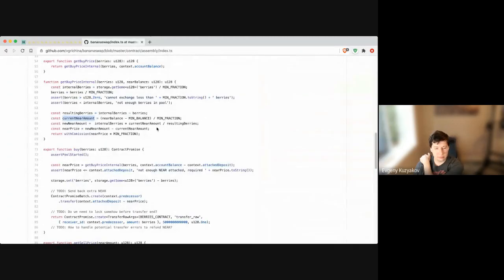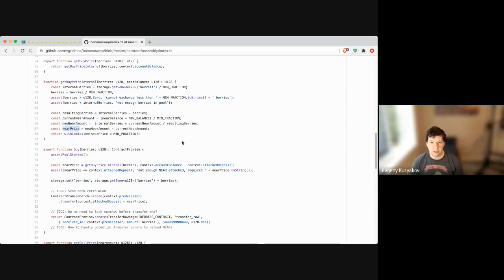Now, it does a Uniswap trick where the product, which is current berries times current near amount, is constant. So we divide by the resulting berries. This is how many near the new near balance of the pool has to be to maintain the invariant where the product is constant.